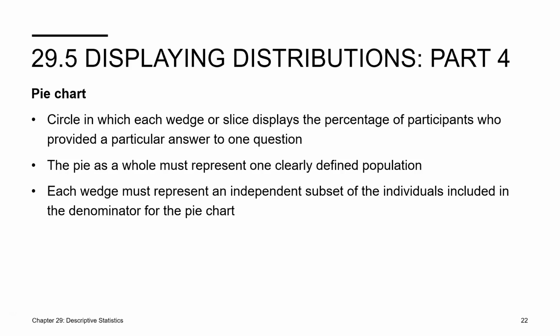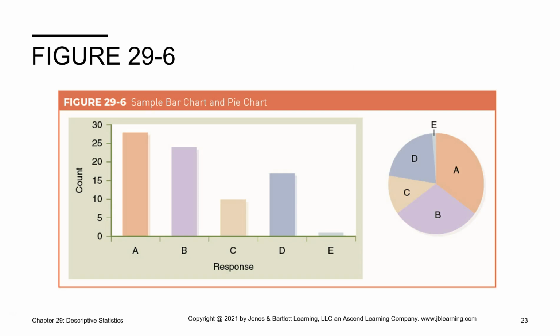Then each wedge should represent an independent subset of individuals included in the denominator of the pie chart. And so this would be, say, if you did a group of freshmen, sophomores, juniors, and seniors, you'd have a different slice for each one of those groups.